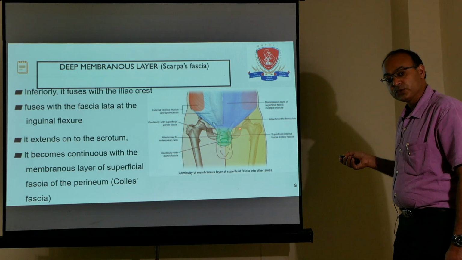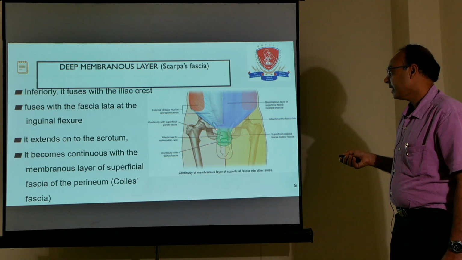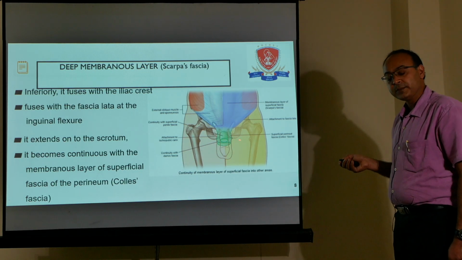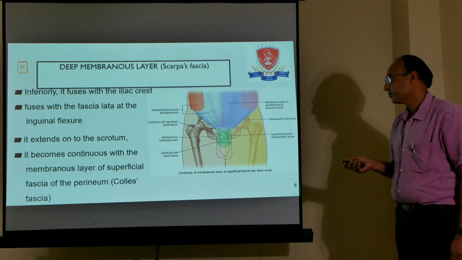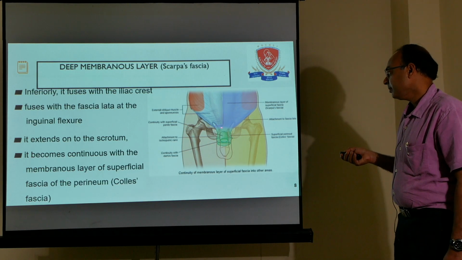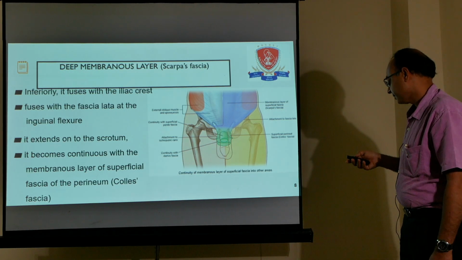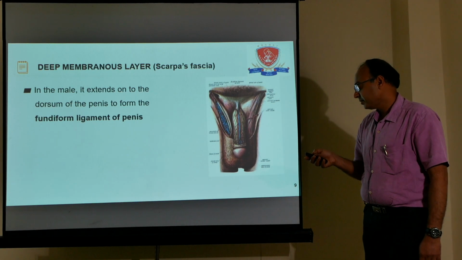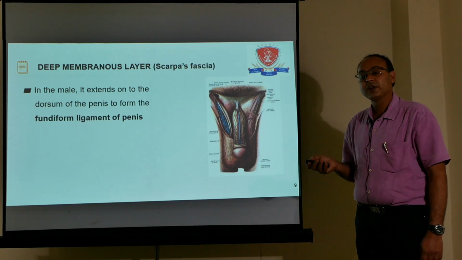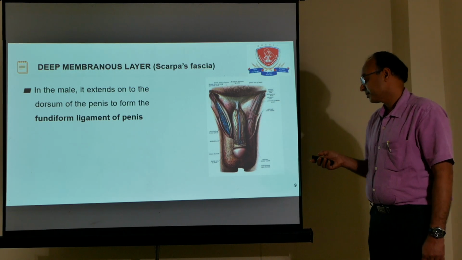It is attached to the fascia lata inferiorly, and then it continues over the penis as the superficial fascia of the penis. In the perineum, it continues as Colles' fascia. In the penis, it forms the fundiform ligament, in which the dorsal vein of the penis runs.